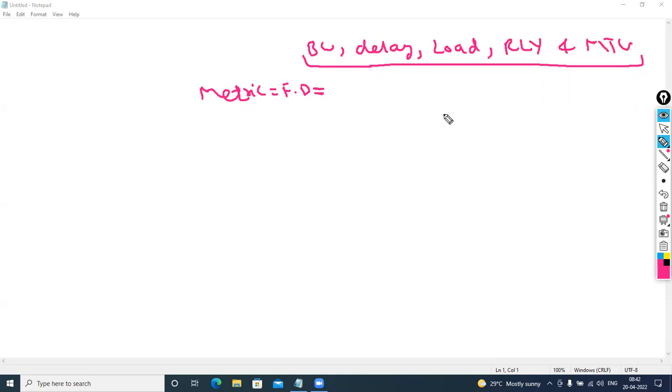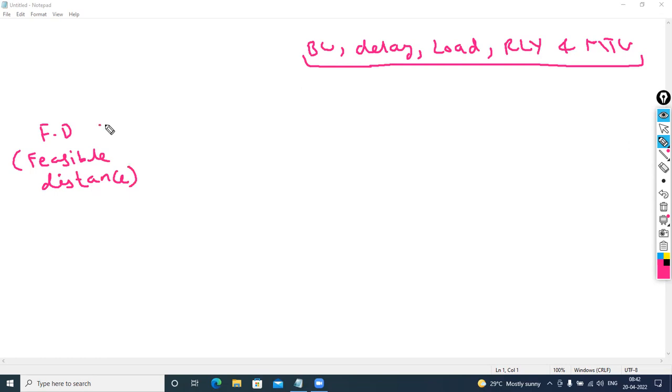So the original formula is feasible distance. FD stands for feasible distance. This is the metric that EIGRP calculates.